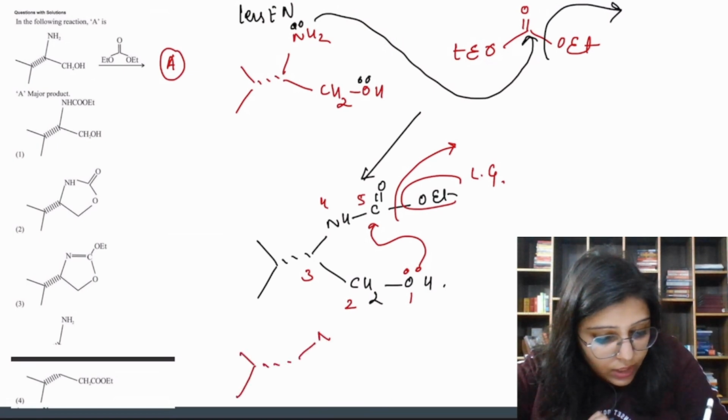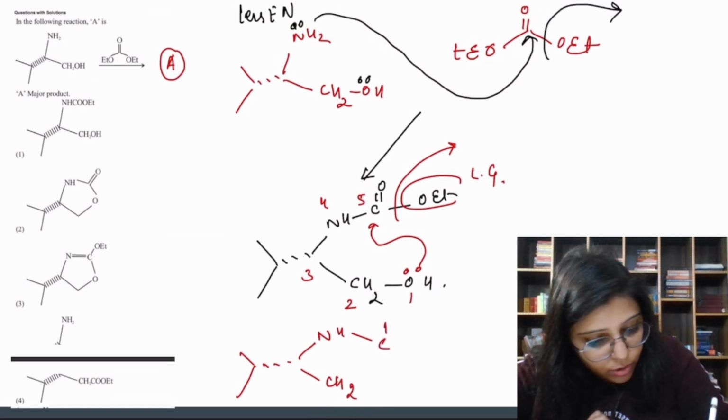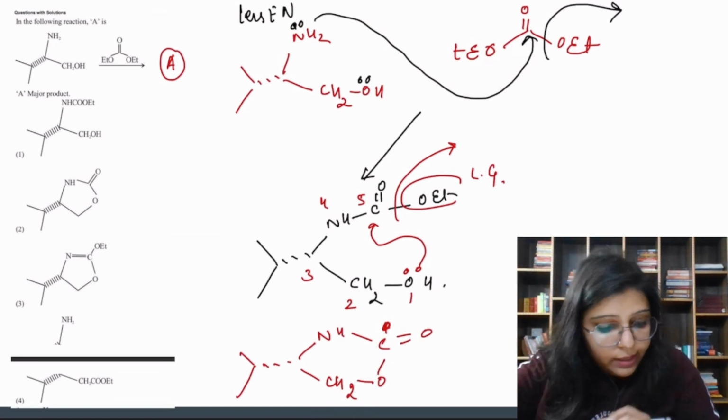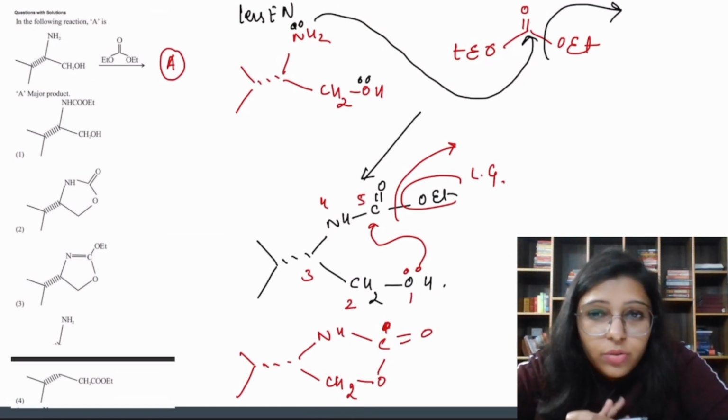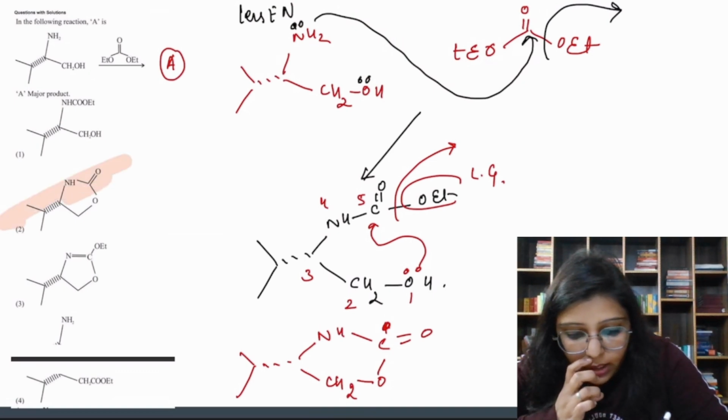So we get NH, here we write CH2, C double bond O, and CH2-O. Clear? H plus is going to be removed later on. So what is going to be the correct answer? Option 2 is going to be the correct answer.